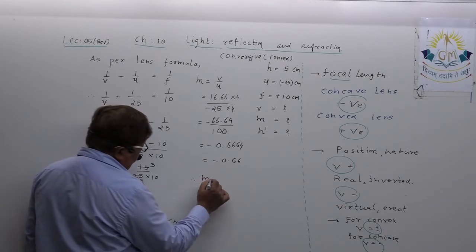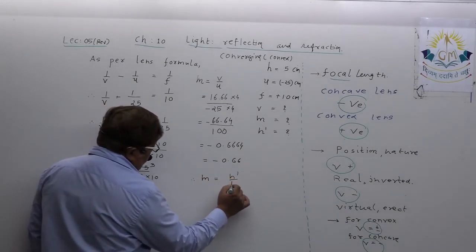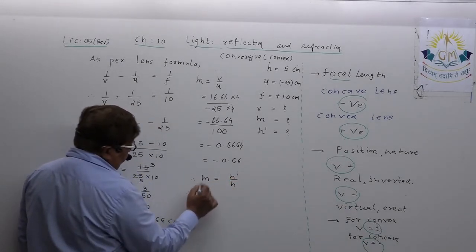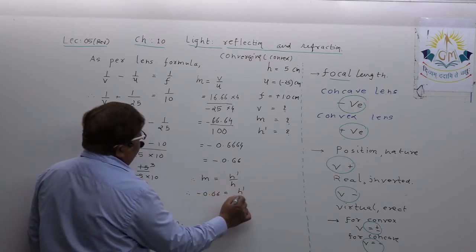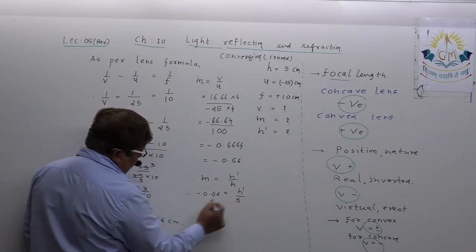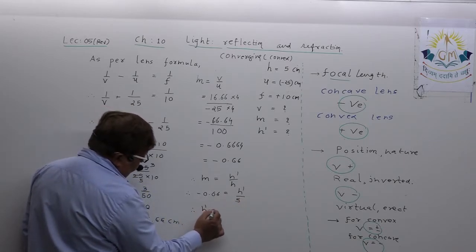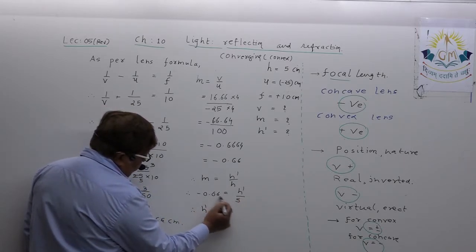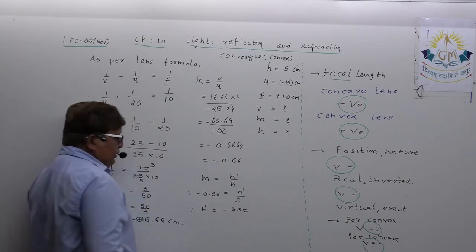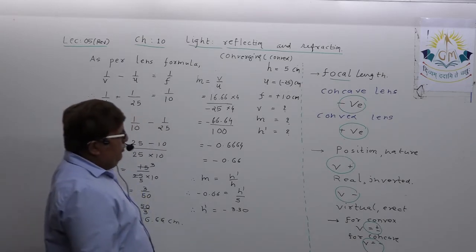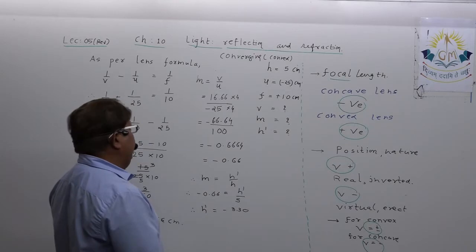M equal to H dash upon H, minus 0.66 equals H dash upon 5. Just cross multiply. This is going to be 5 sixes are 30, or 3.30. Understand? You got the height of the image already.